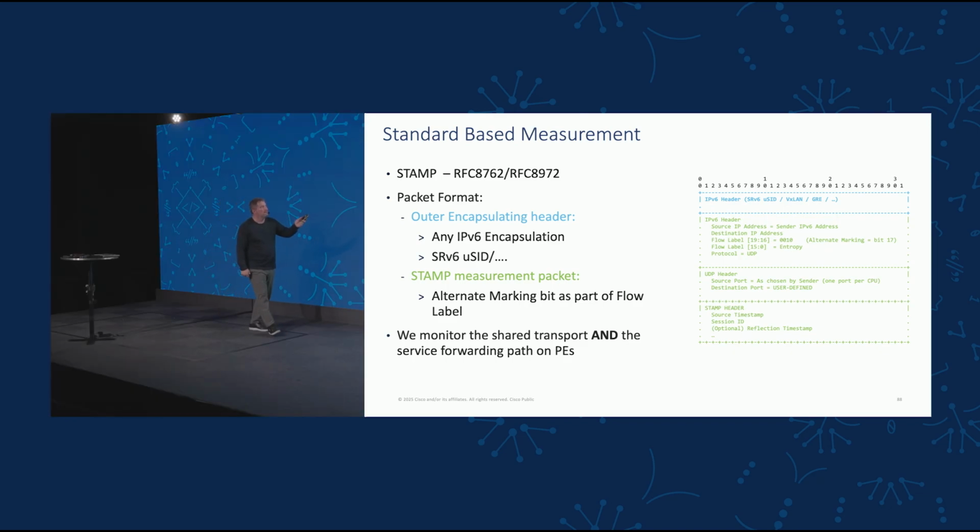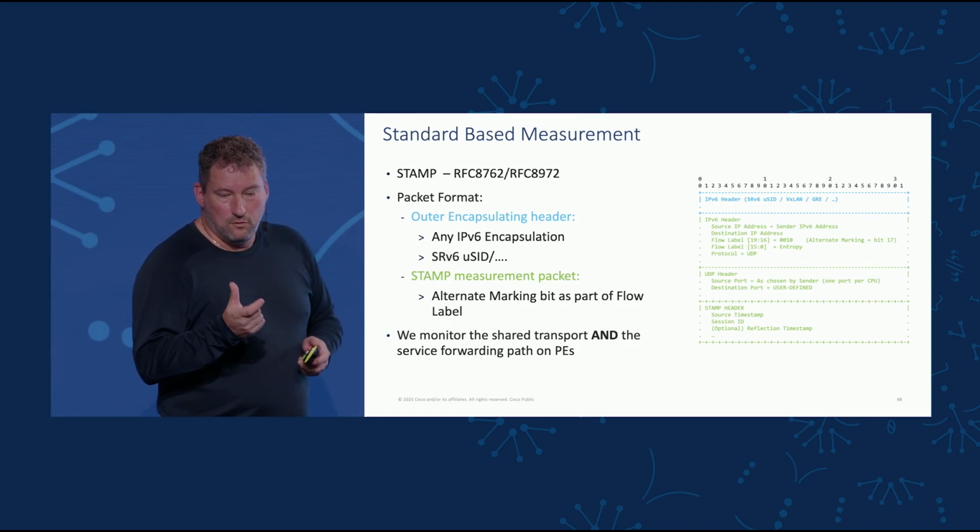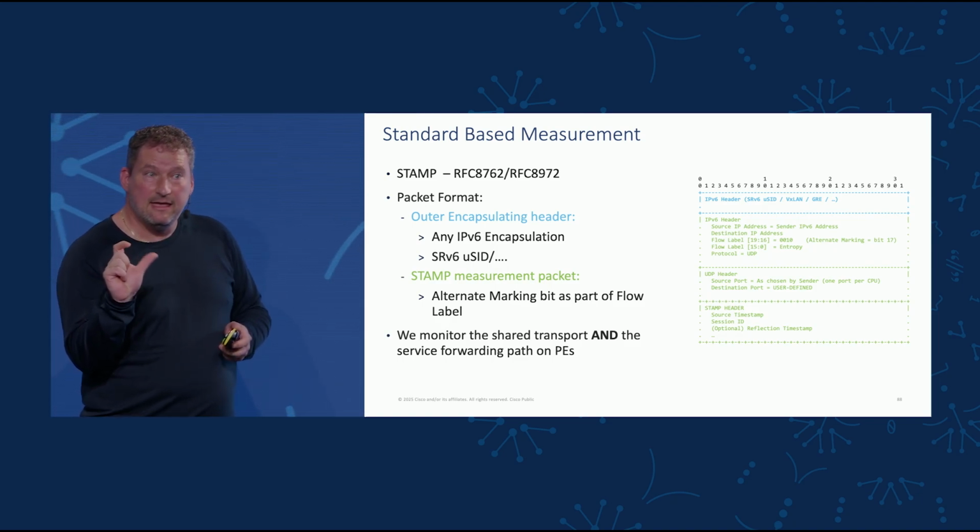The packet format is any IPv6 header, right? Because we need the flow label. So the outer encapsulation header can be any IPv6. Obviously, our focus is mostly SRv6, right? But it can be GREv6 or VXLAN v6. And then the STAMP measurement packet is the green part where we do the alternate marking counters.